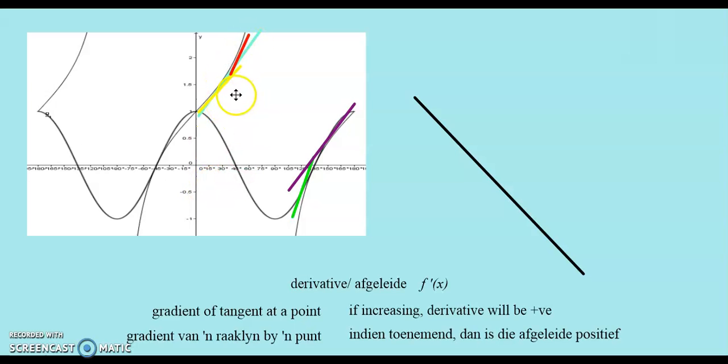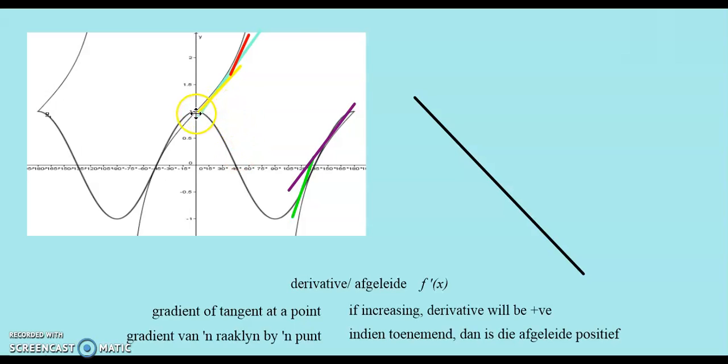So what will happen here? Only positive values will render a positive result. So I can only use the positive values of the g function to give me a positive result if I multiply it with the derivative. So the answer will be from 0 to 45.